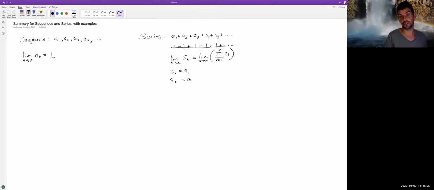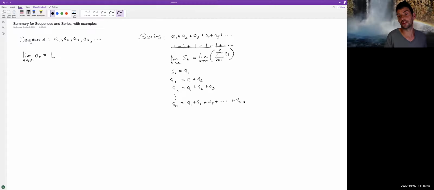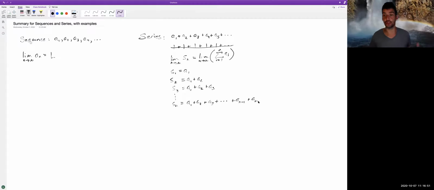The second partial sum is the first term plus the second term. The third partial sum is the first term plus the second term plus the third term, and on and on. The nth partial sum will be the sum of the first n terms.